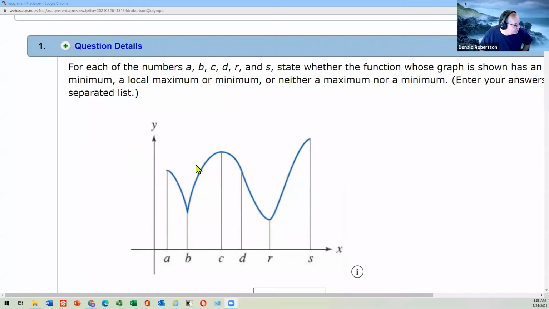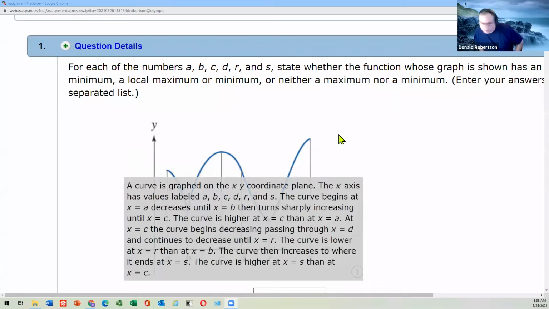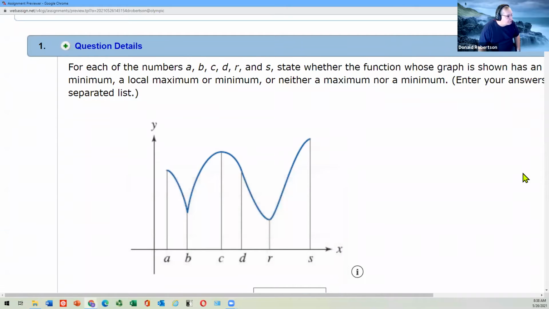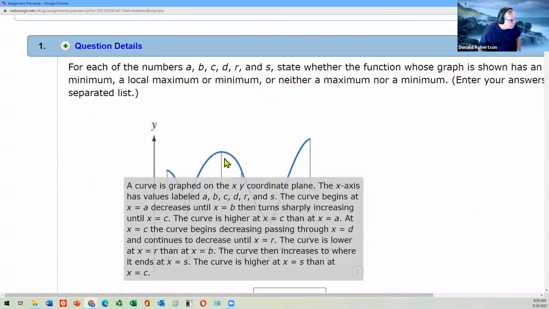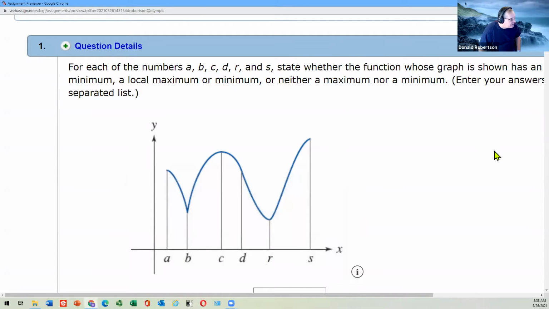Okay, are you looking at screen 2? Are you looking at the graph right now? In this particular question, you're not going to tell the y coordinates because they don't give you them. But what you are going to give me is a letter of the alphabet. So, looking at this curve, what would be the x coordinate of the absolute max?